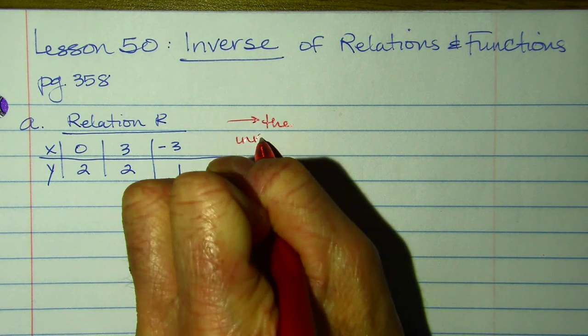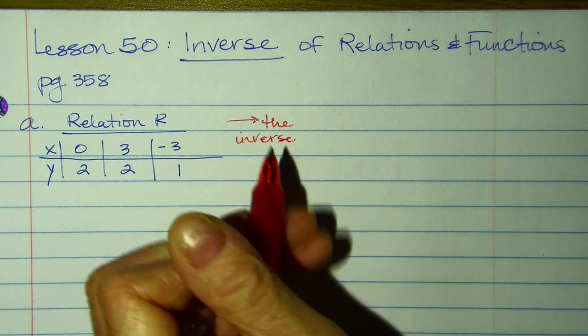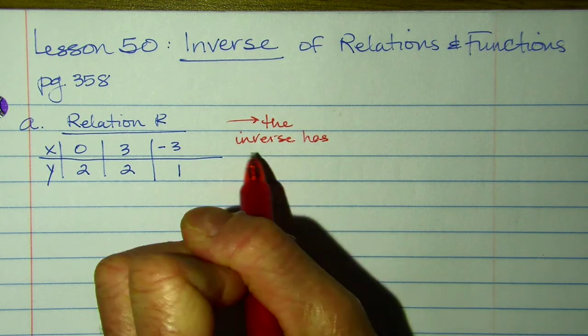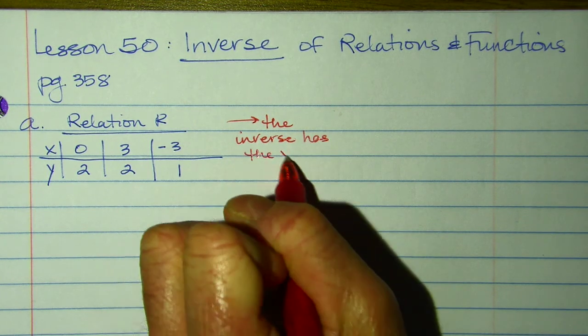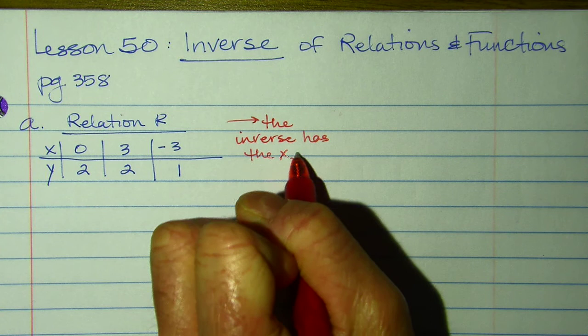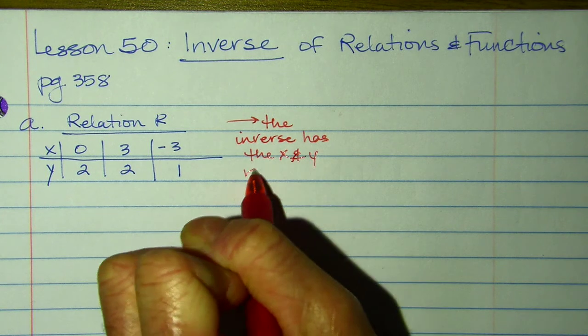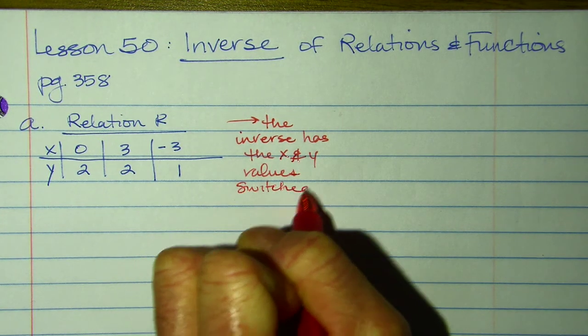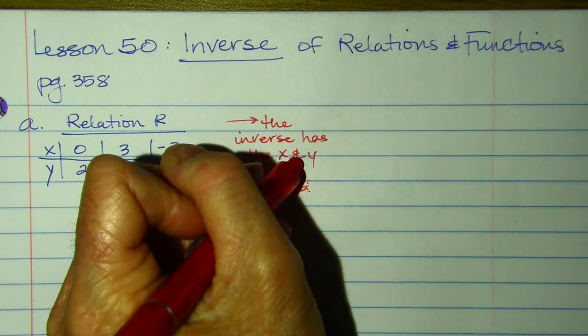So the inverse has the X and Y values switched. It's really simple to find the inverse.